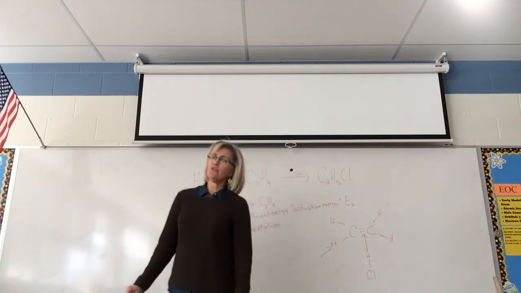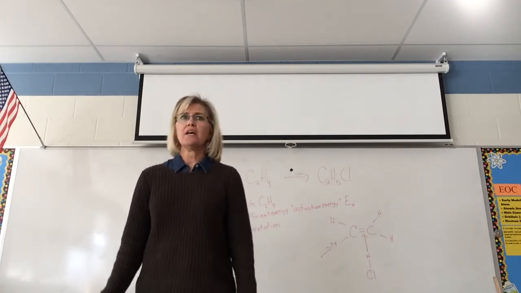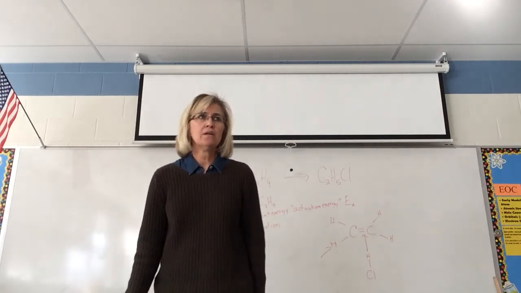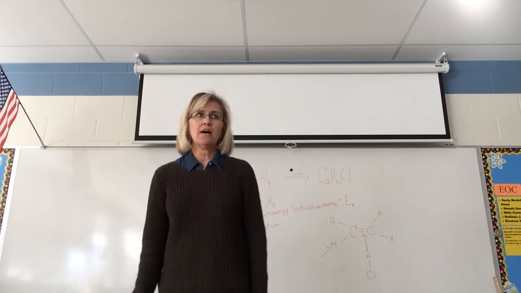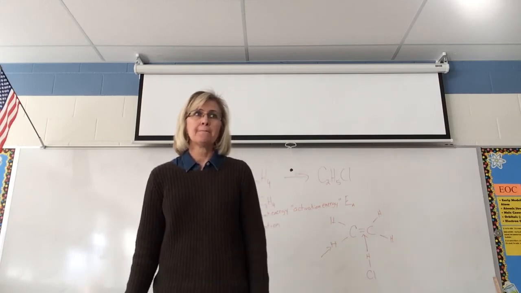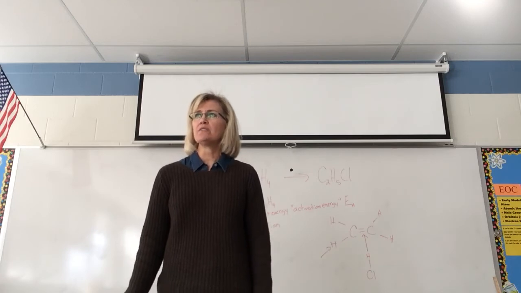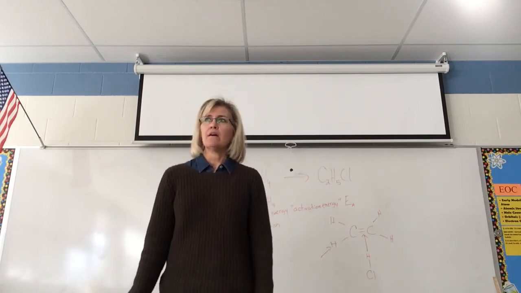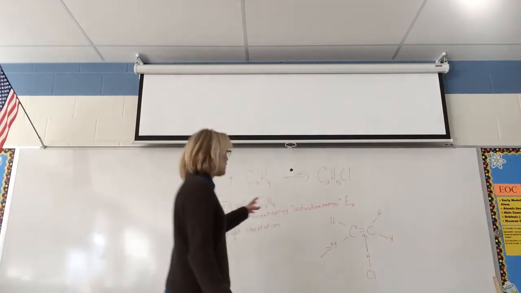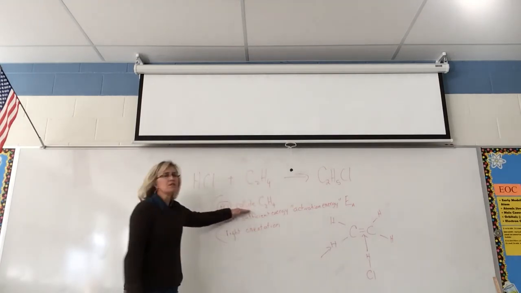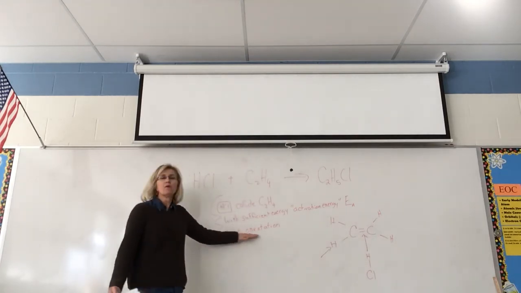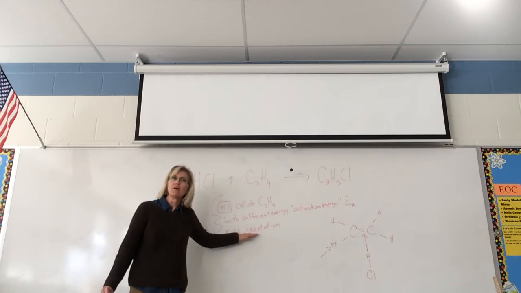If you've got a 1 in 10 chance of winning the lottery, and you've got 1,000 lottery tickets, you've increased your odds compared to having 1 lottery ticket. So the more we have, the more collisions we can have, and the more correct orientation we can have.